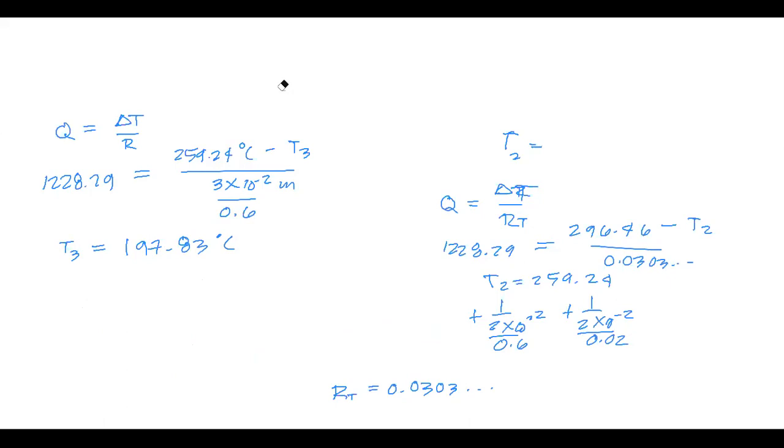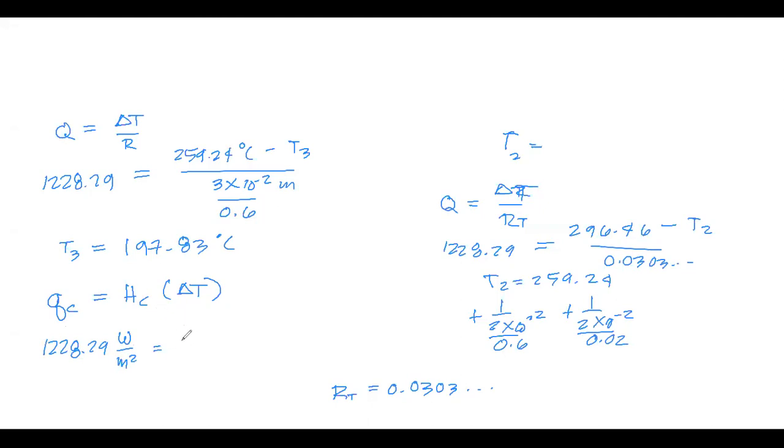And then the equation for thermal conduction, if you still remember dun sa discussion natin sa radiation, QC is HC times delta T. So assuming na ganun pa rin yung ating QC, 1228.29 watt per meter squared.